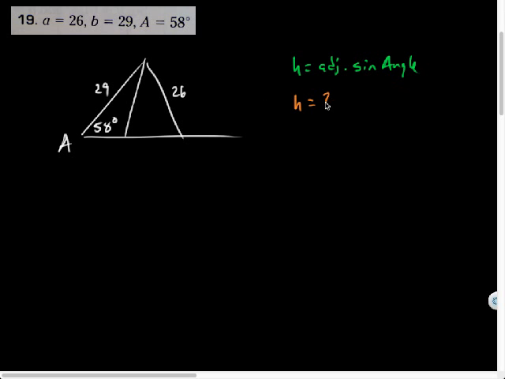So h is equal to 29 times sine of 58 degrees, and we've got 24.59. So because 26 is longer than that, there are two triangles formed.